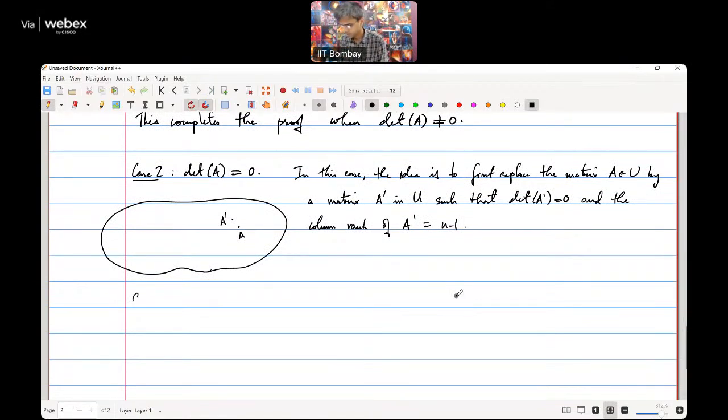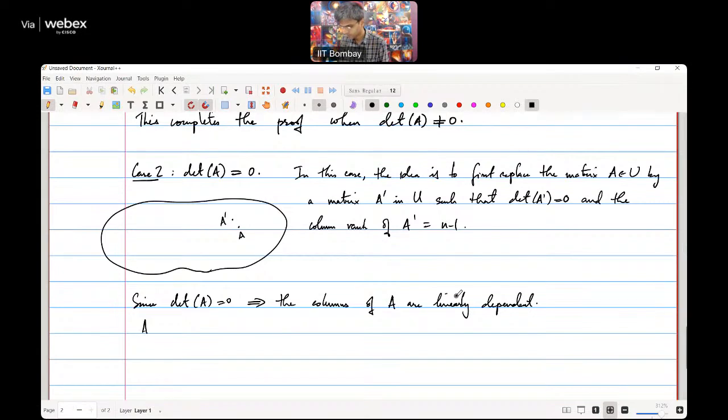So first, since the determinant of A is 0, this implies that the columns of A are linearly dependent. For simplicity, we will consider the situation where A1 can be written as a linear combination of the other columns.